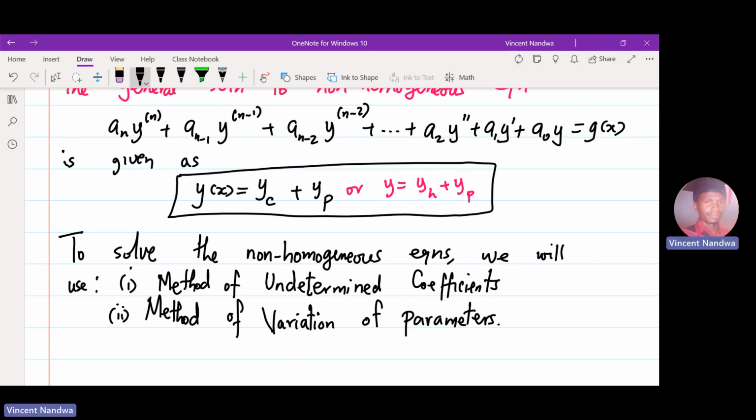So these are the main two methods that we are going to discuss. It is advisable to know the nitty-gritties of each of these two methods, when and how to apply them.